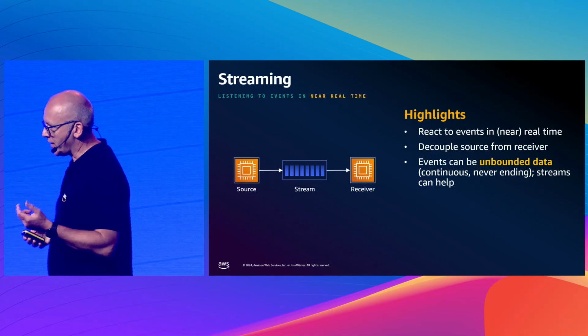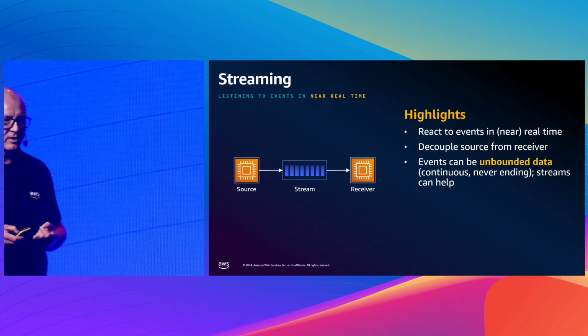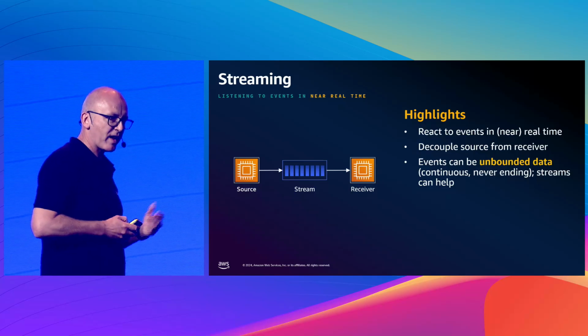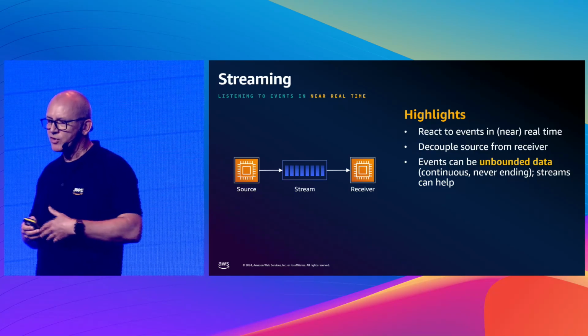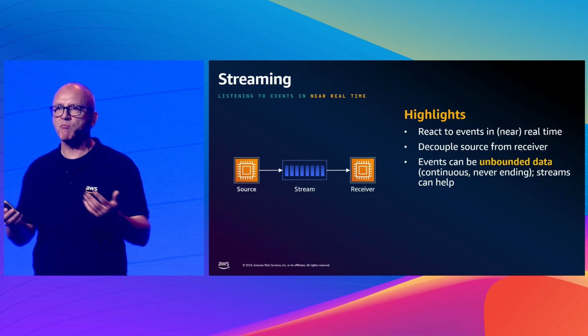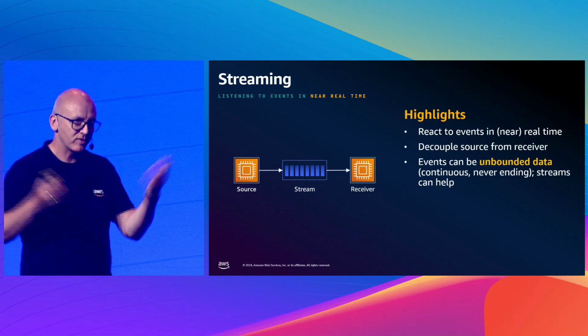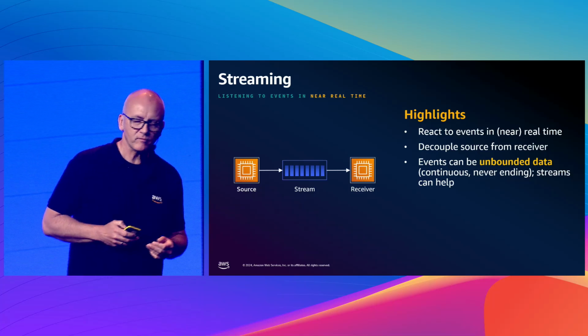Then there's that other fan-out integration pattern that I mentioned in the beginning, which is streams. And streams are actually made and created to take care of unbounded data, of more or less continuous, never-ending streams, hence the name, of data items.